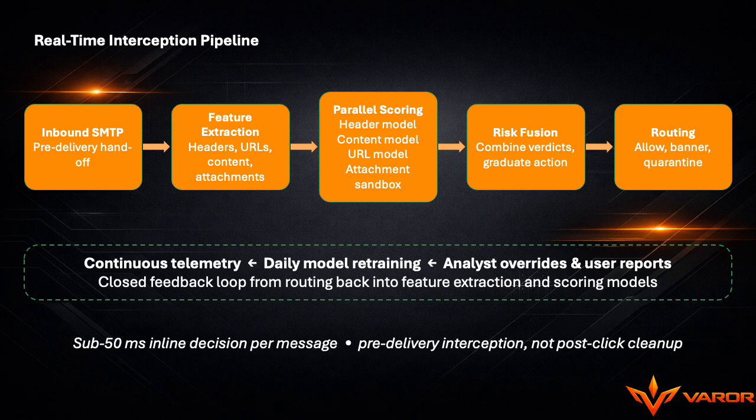Risk fusion: combine verdicts, graduated action. Routing: allow, banner, quarantine. Continuous telemetry, daily model retraining, analyst overrides, end user reports. A closed feedback loop from routing back into feature extraction and scoring models. Sub 50 ms inline decision per message: pre-delivery interception, not post-click cleanup.